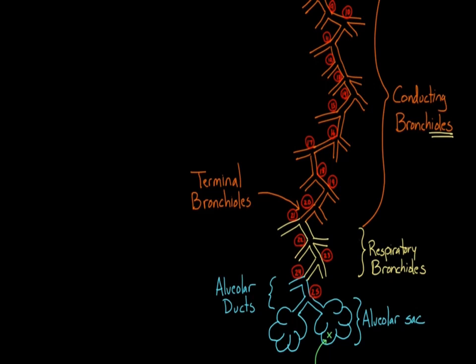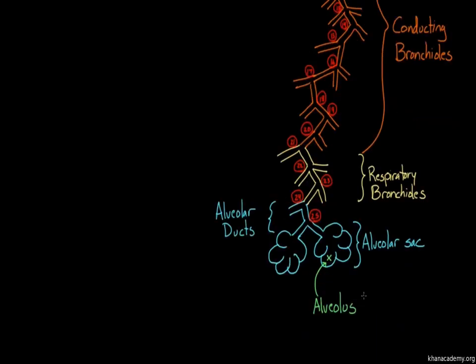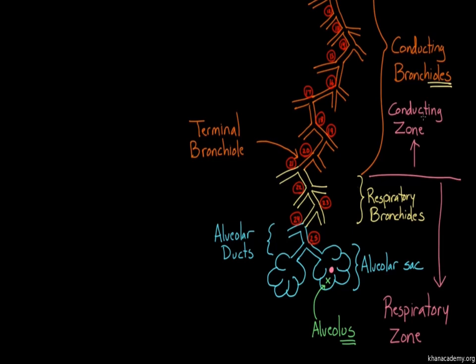A collection of alveoli forms the alveolar sac. This upper part is the conducting bronchioles, and this part represents the respiratory bronchioles. So the upper part is the conducting zone and the lower part is the respiratory zone.